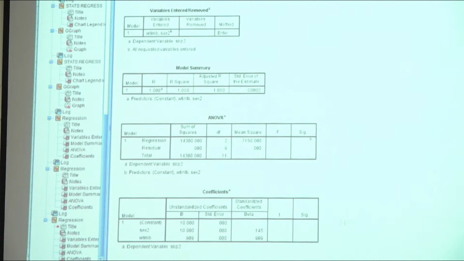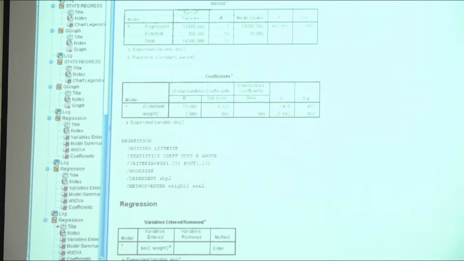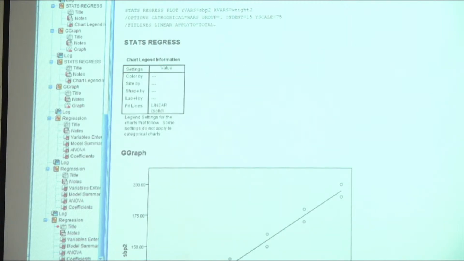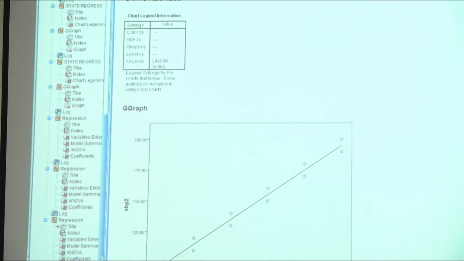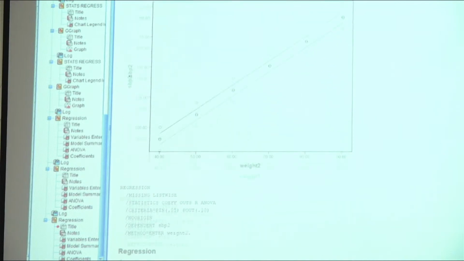But the standardized coefficient doesn't change. You find 0.989 here. Now let's go to the other regression equation.